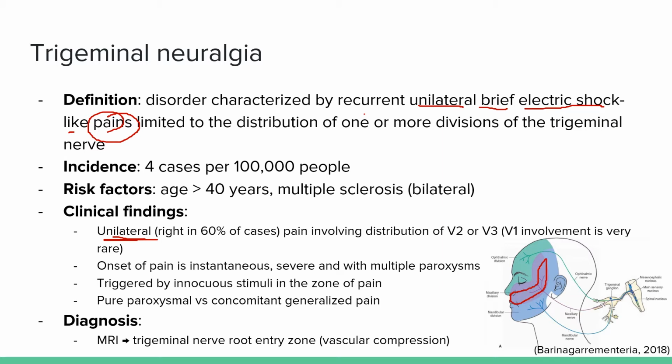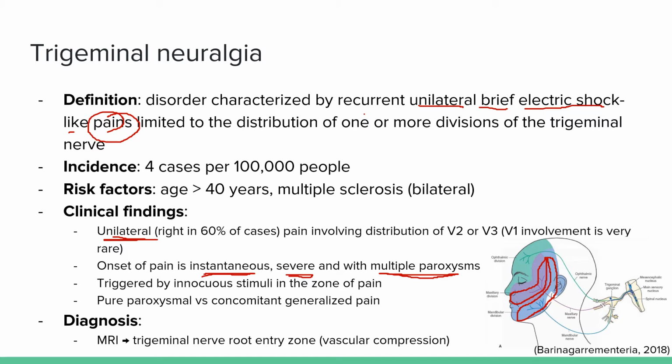Involvement of the first branch, the ophthalmic branch, is very rare, so this is something to keep in mind. The onset of pain is usually instantaneous, severe, and the duration is very short, seconds usually.